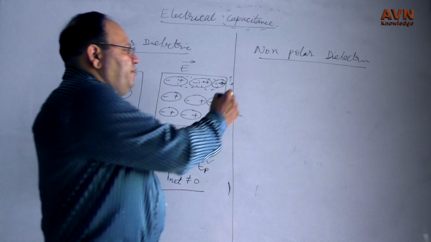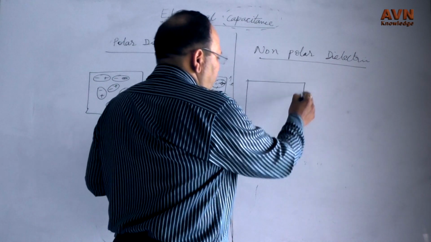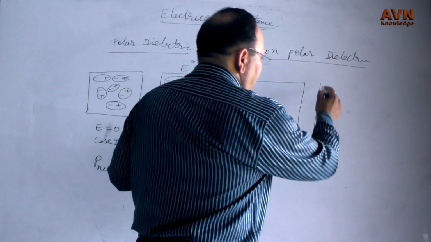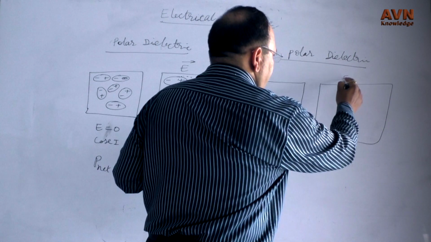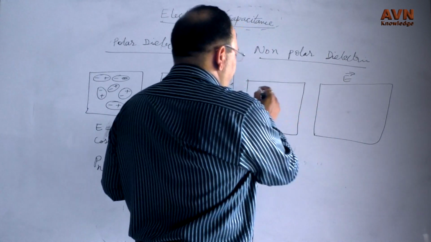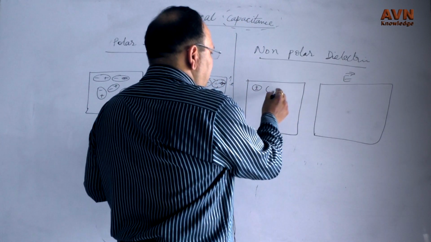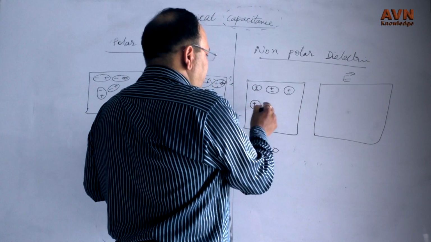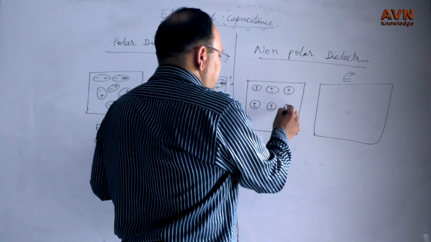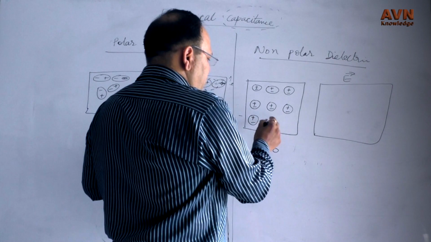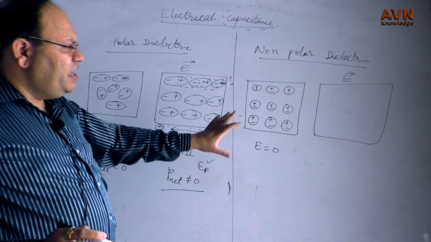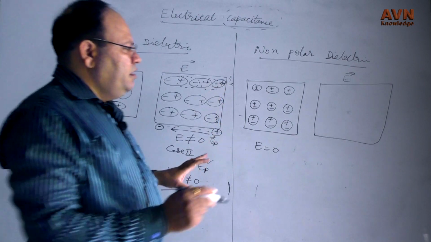Same thing when we see in the non-polar, when the electric field is 0 and when the electric field is applied. When the electric field is 0, the centers coincide, so the shape is circular, with positive and negative together. Here the electric field is not applied.